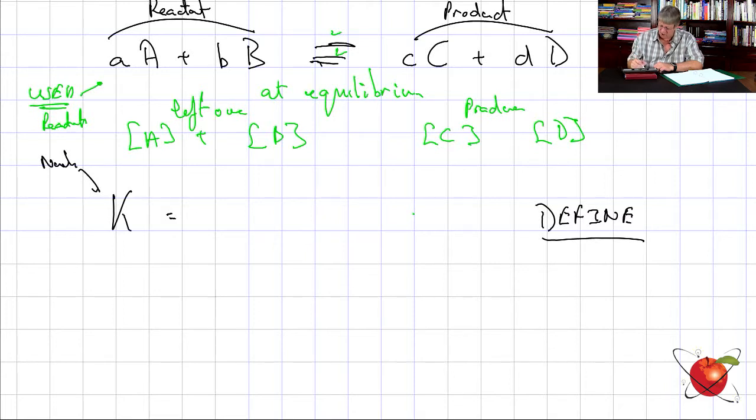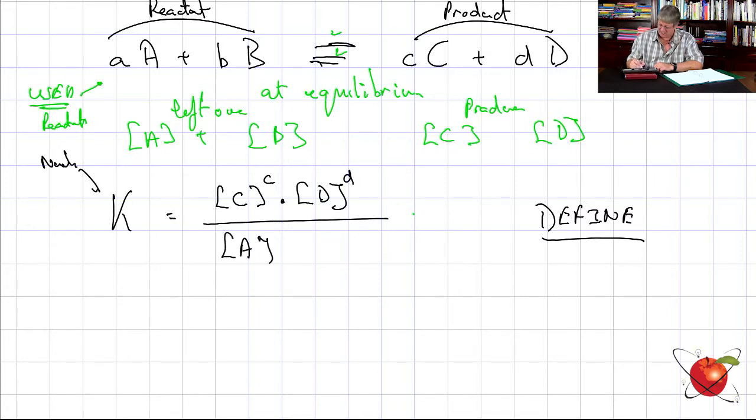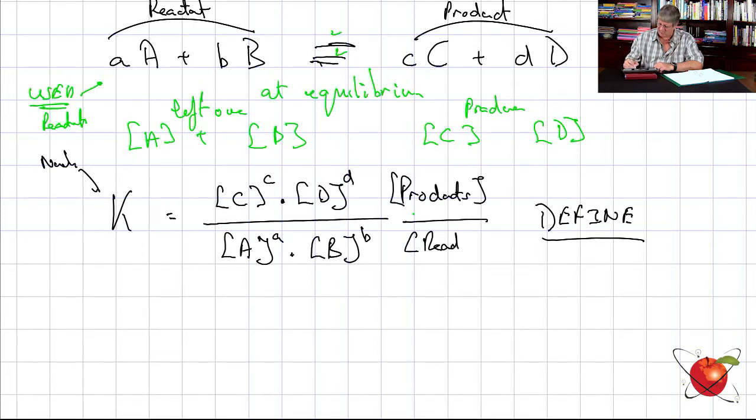And the number is the concentration of C to the power of c multiplied by the concentration of D to the power of d, divided by the concentration of A to the power of a multiplied by the concentration of B to the power of b. Can you see it's the concentration of products divided by concentration of reactants? We're just going to define it like that. This term here we call the equilibrium constant.